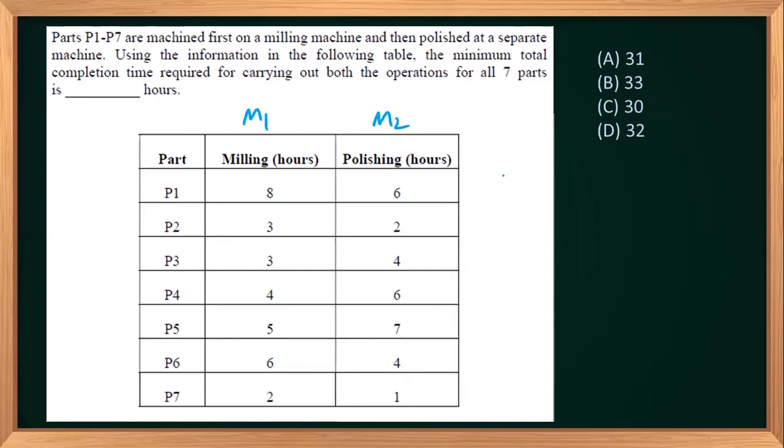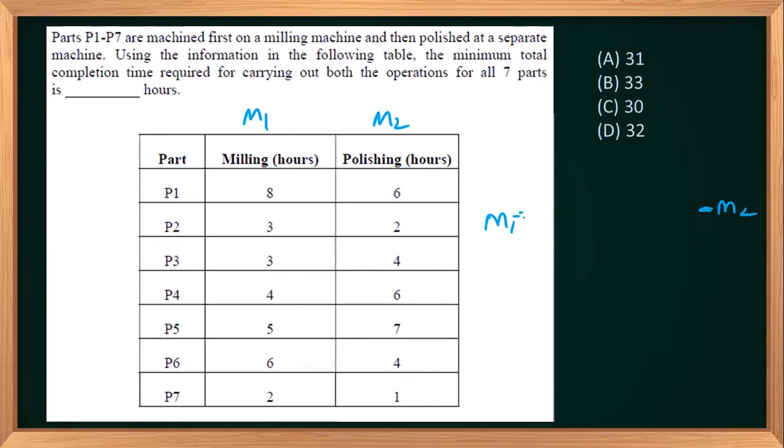If I want to apply Johnson's rule, we know we have to have a sequence, right? So in which sequence or what will be the order of selecting? M1 will be from here and M2 will be from here.